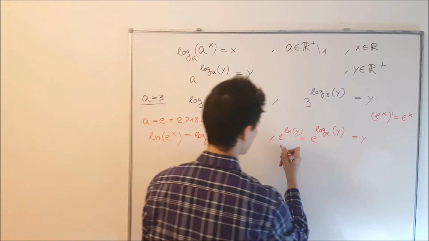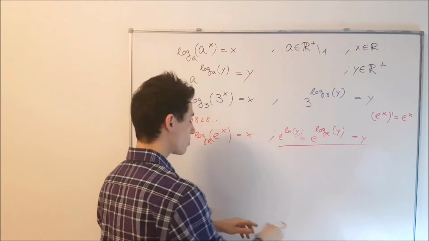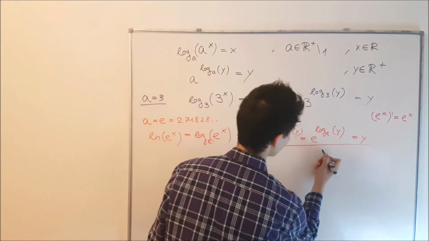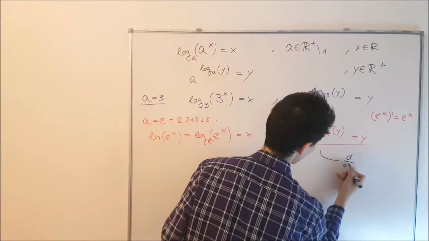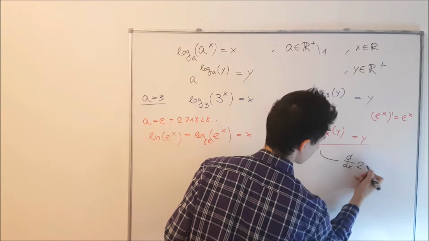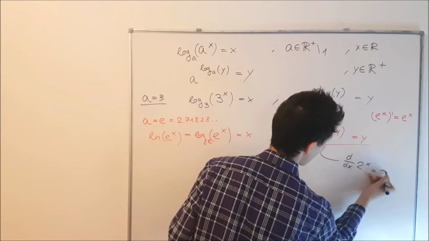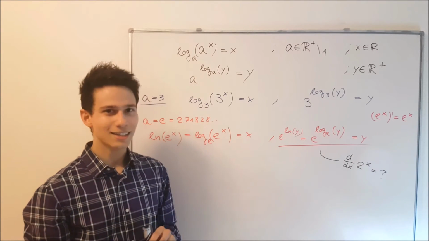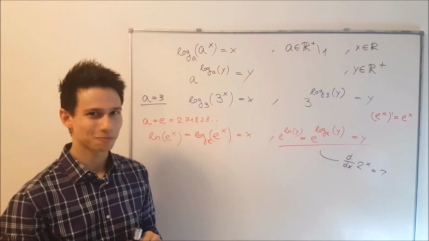And this equation right here is going to be very important as soon as we try to take derivatives of exponential functions, for example 2 to the power x. But I'm going to do a separate video, and as soon as this exists you will find it up here.